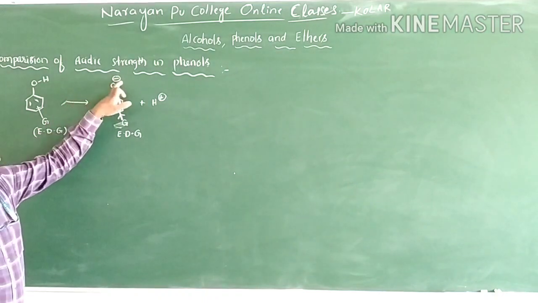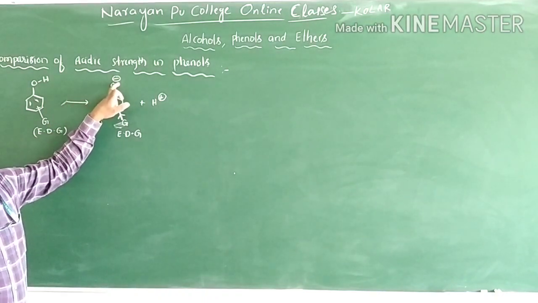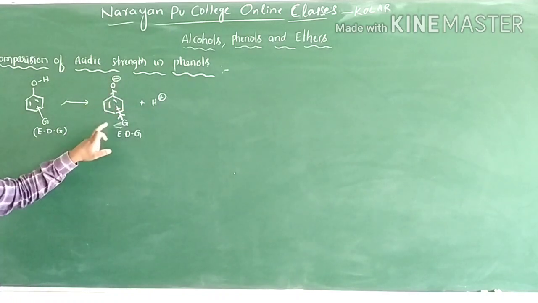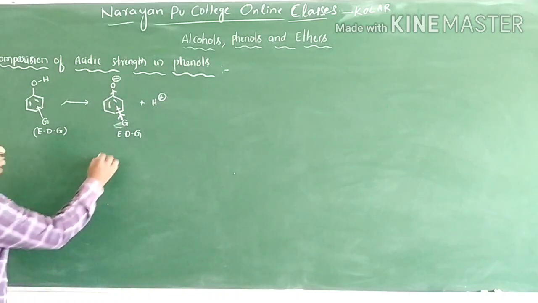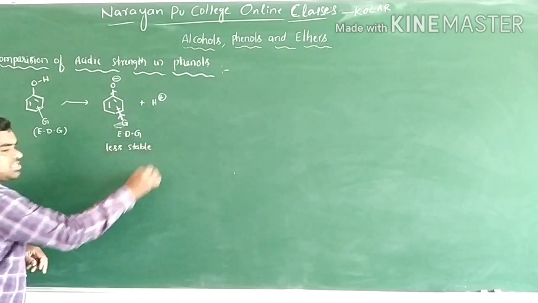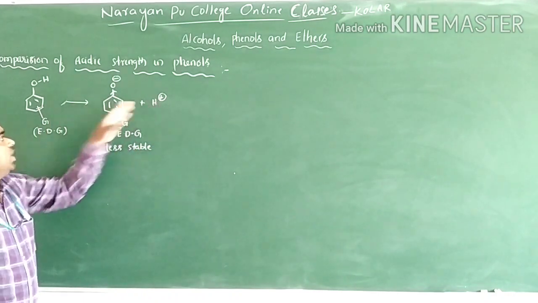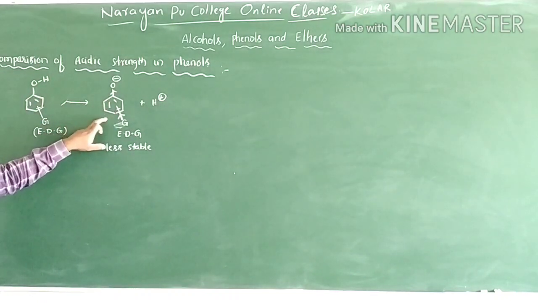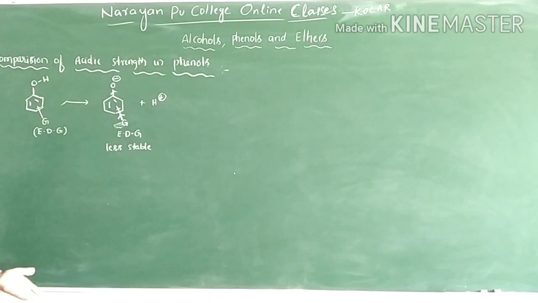So on the oxygen, electron density increases, charge increases. When charge increases, stability decreases. So that's why it is less stable. After donating H plus ion, this phenoxide is becoming unstable. Then why would phenol give the H plus ions? It won't give easily.